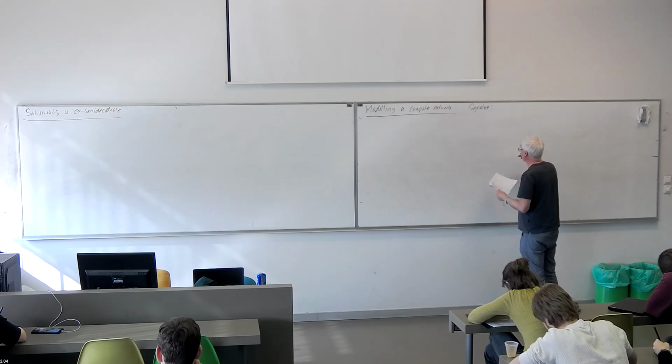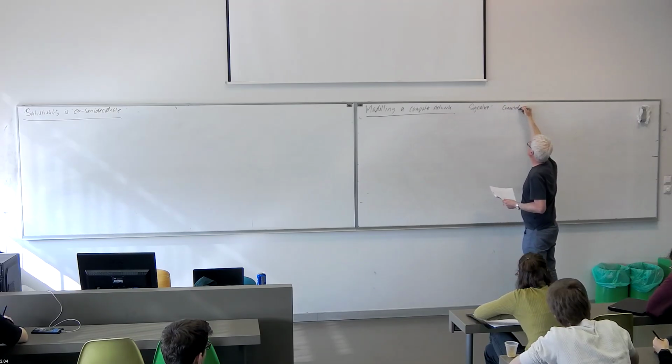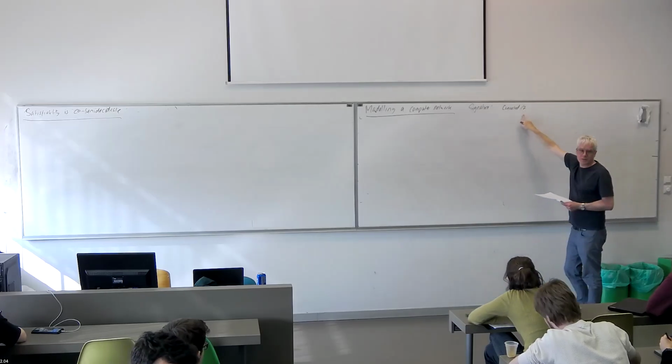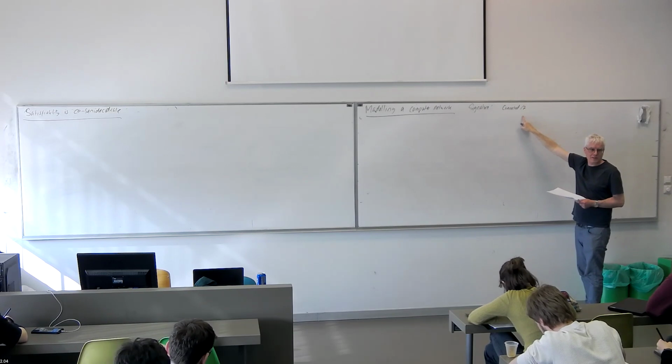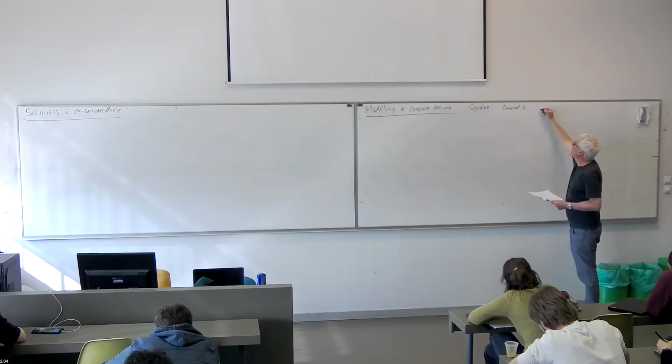I'm going to have a binary relation, connected. I'm going to write the arities like this: I put a slash and then say what the arity is. So connected is a binary predicate, of arity 2.